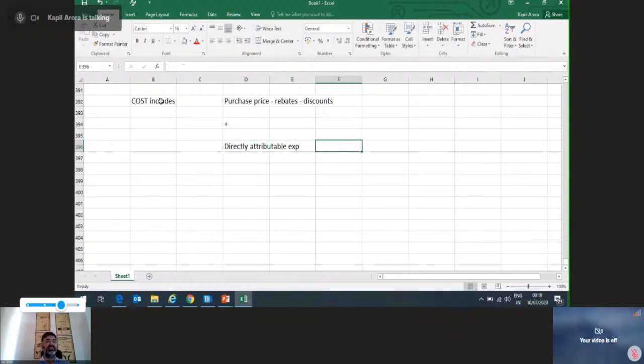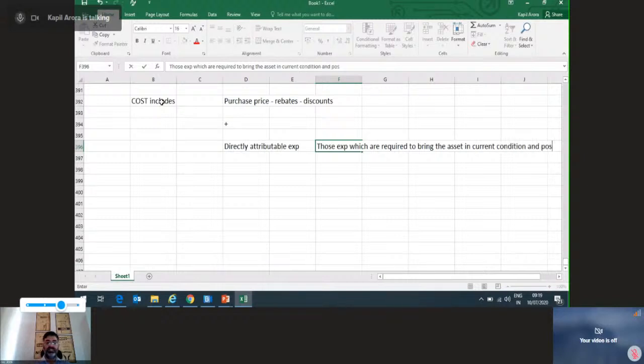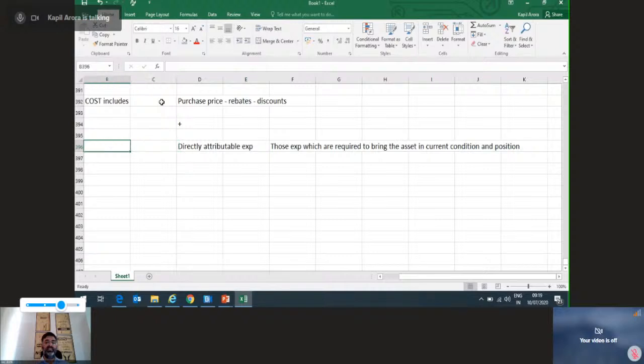Now what are directly attributable expenses? Directly attributable expenses are those expenses which are required to bring the asset to its current condition and position.